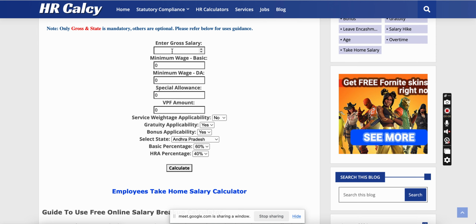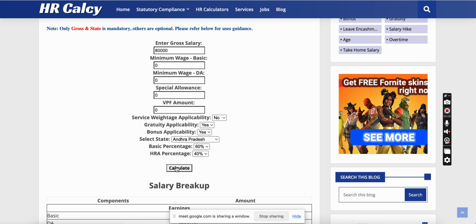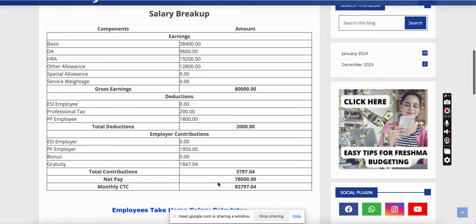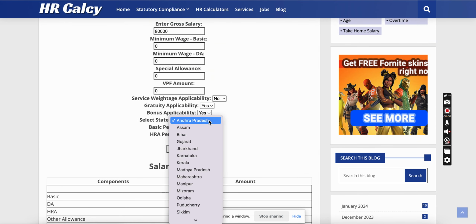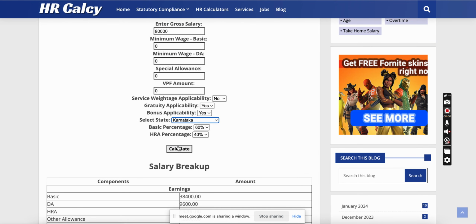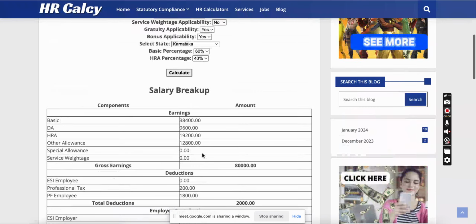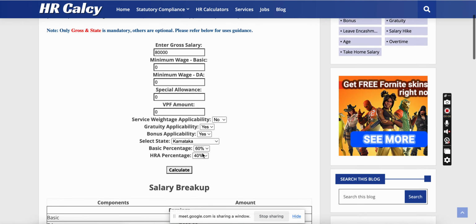Suppose somebody's salary is higher, and you must have heard something called, see, this is a normal breakup of a Karnataka employee. Now you must have heard something called VPF, voluntary provident fund contribution.